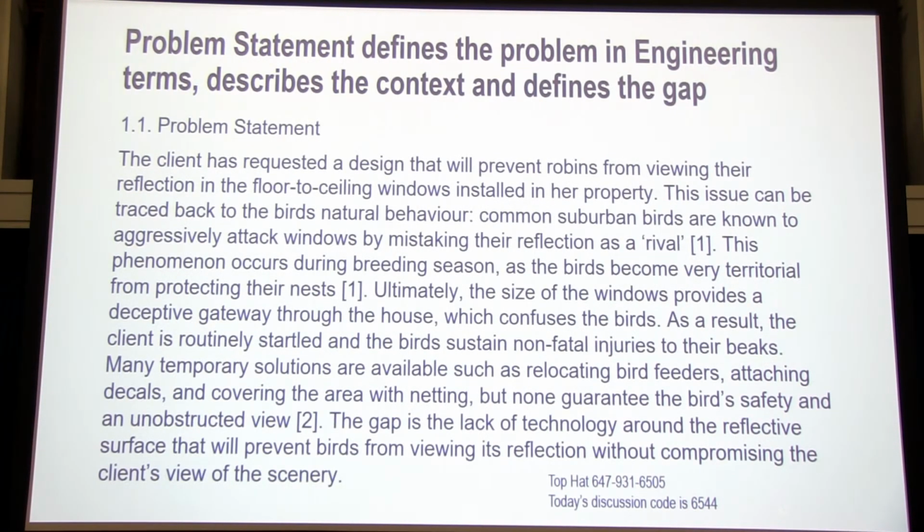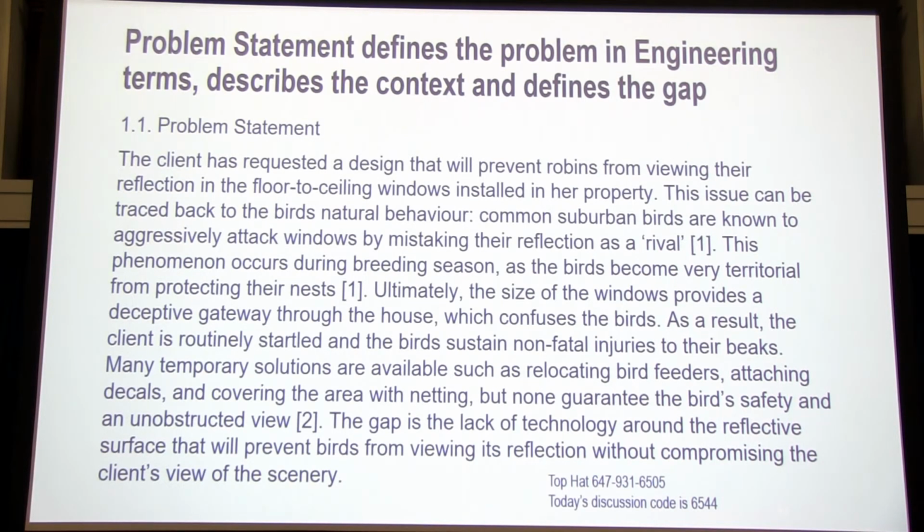The problem statement identifies the context and the gap. Many people incorporate lots of functions and objectives and constraints, but that's not really what the problem statement should focus on. The problem statement should focus on defining the problem in engineering terms. What's really going on here?